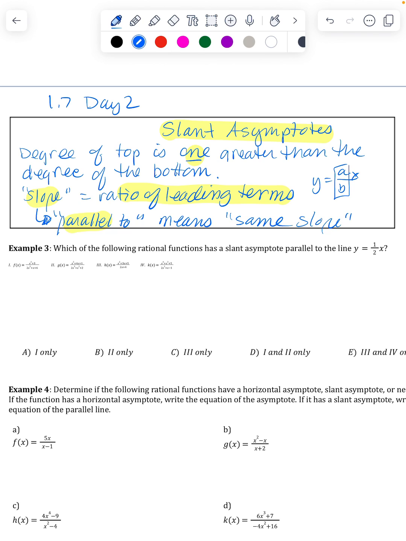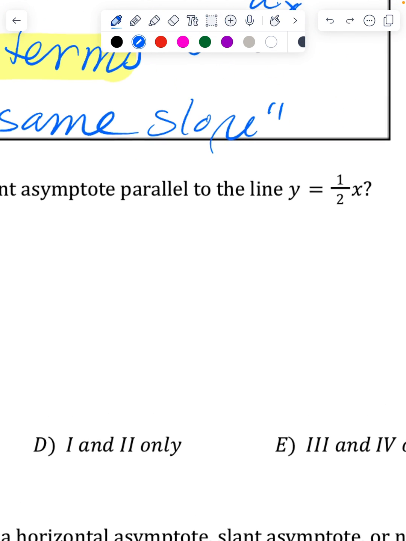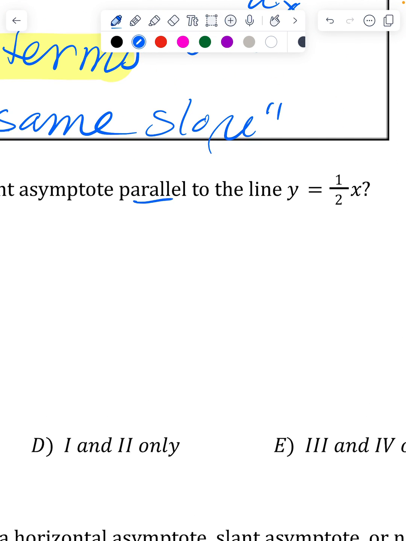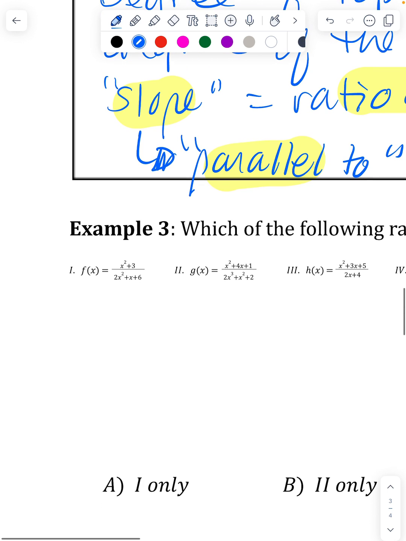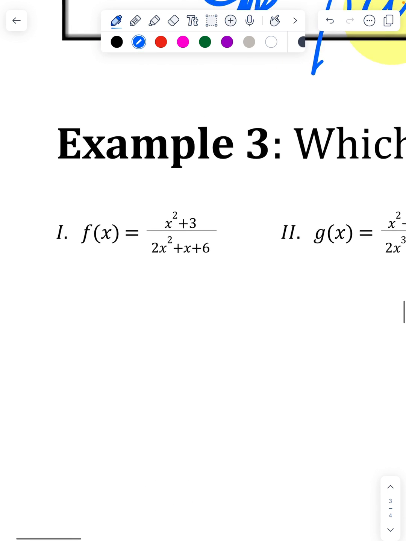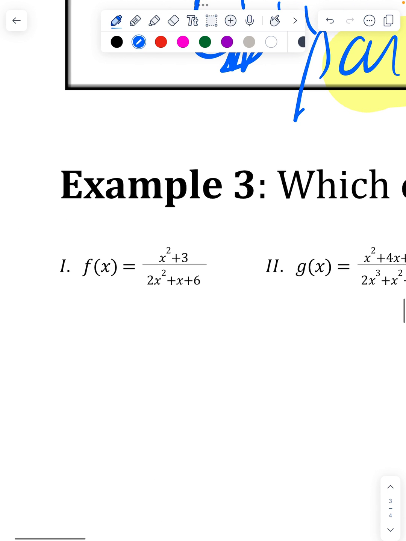It says, which of the following really super teeny tiny rational functions has a slant asymptote parallel to the line 1/2 x? So what we need is our ratio of our coefficients to be 1/2. So let's look at these ridiculously small things. So here you have a top and a bottom that are the same degree.